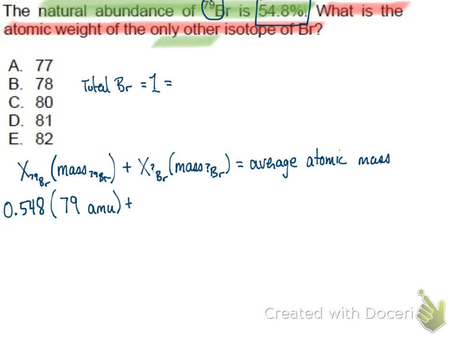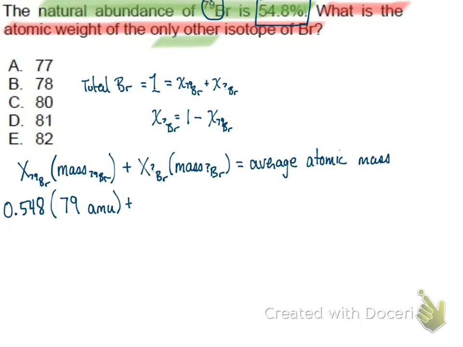And that's going to be equal to the fraction of bromine 79 plus the fraction of bromine that we don't know. What this means then is that we can rearrange this equation and we find that the fraction of bromine that we don't know is just equal to 1 minus the fraction of bromine 79.